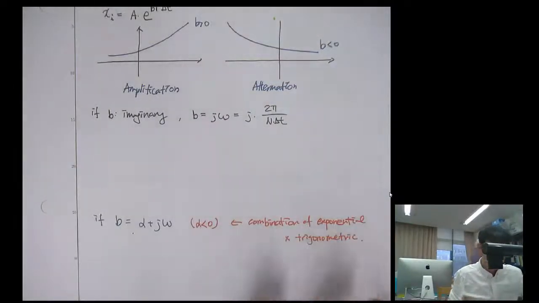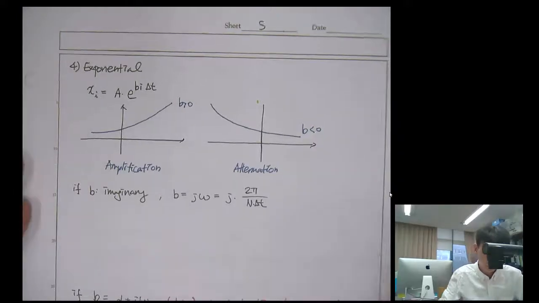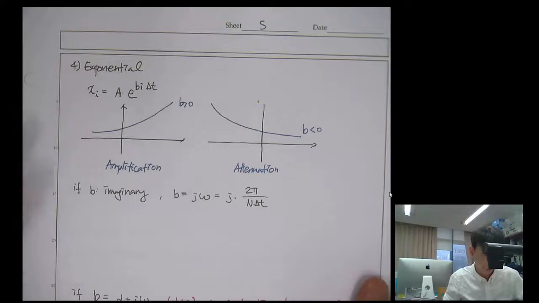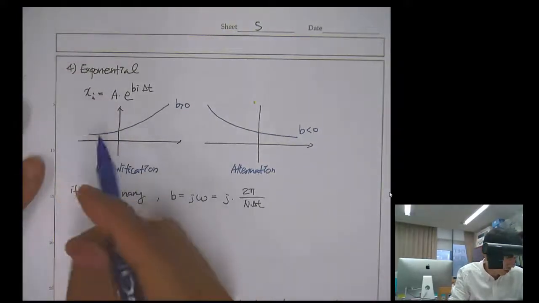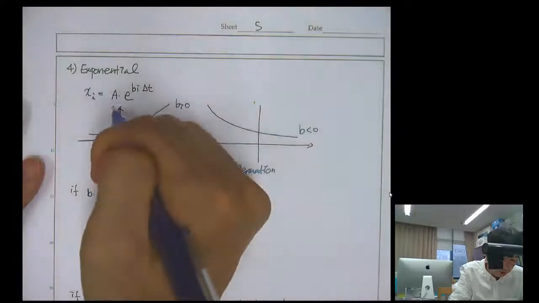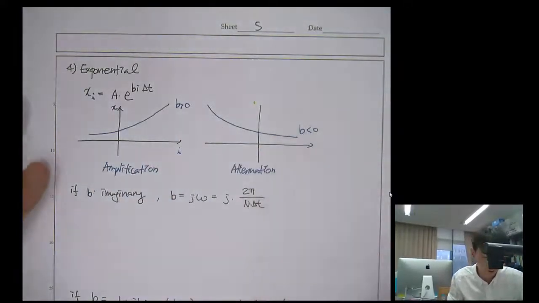Okay. The exponential function is very important and useful to use. Here, let's say that this is the x and this is the i, or i times delta t.